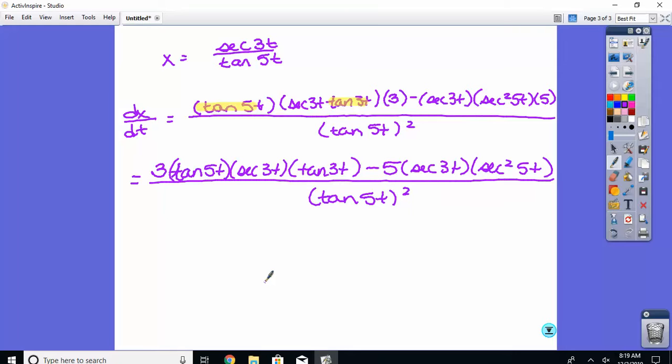Does anything reduce here? These terms both have a tangent 5t, but this one does not, so we can't cancel it. If you were really ambitious, you could change your things to sines and cosines and get some pieces to drop out, but it's really not going to make it much better, so I'm probably going to leave it like this. Is that one okay?